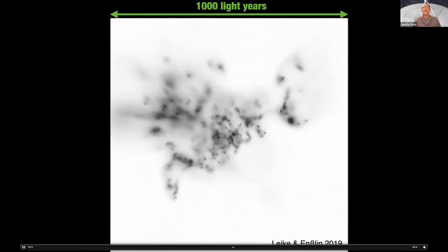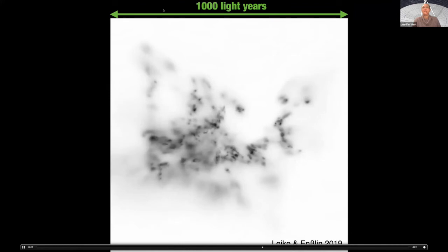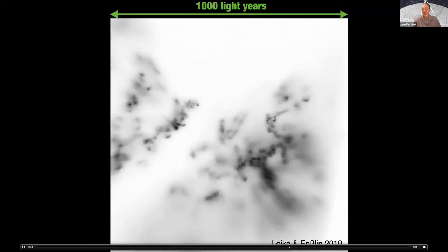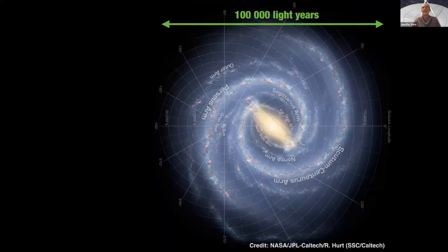I pointed out that this map is 1,000 light years across. On the scale of the whole galaxy, this is a top-down artist rendition of what our galaxy might look like if we could go in a spaceship and fly above it. Our whole galaxy is 100,000 light years across. Our sun is right here, and the galactic center is here.